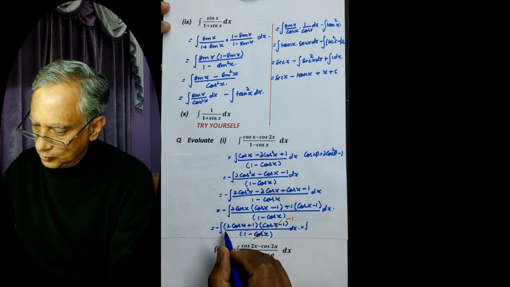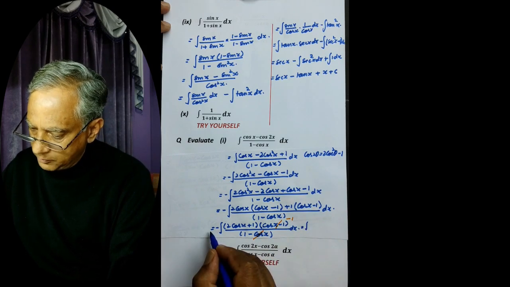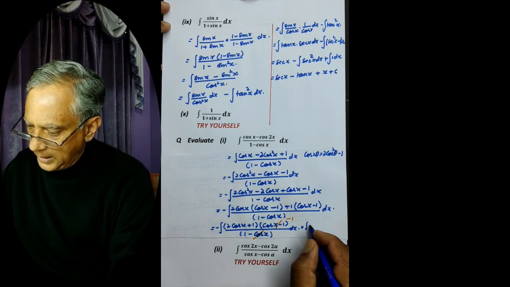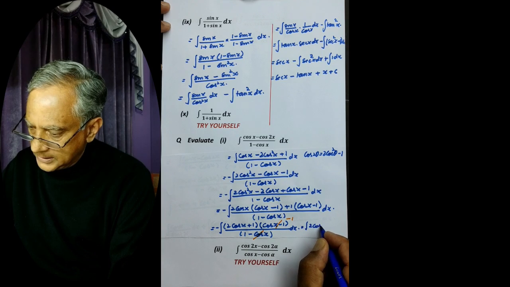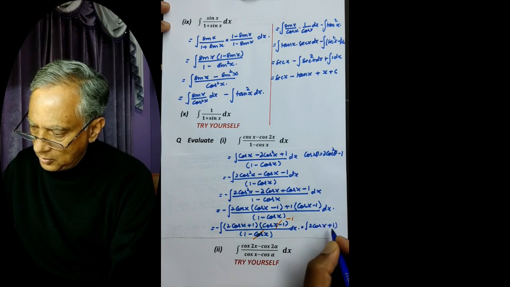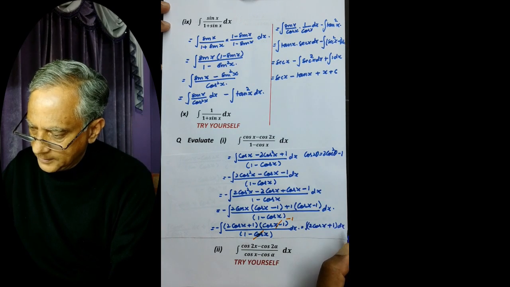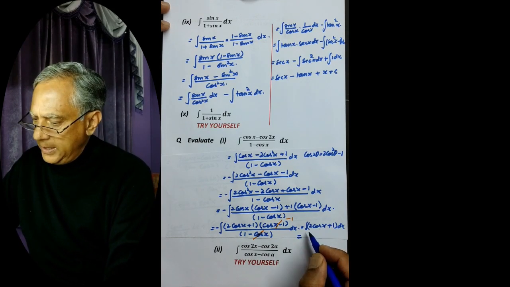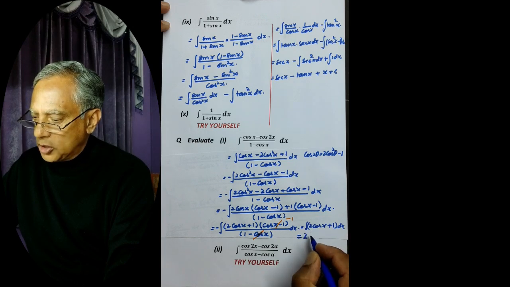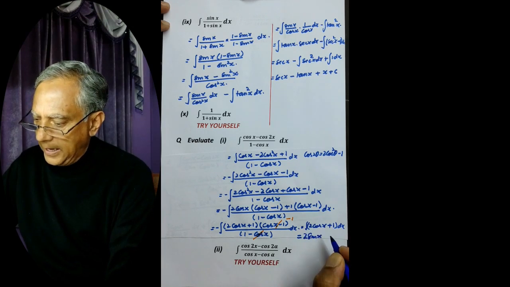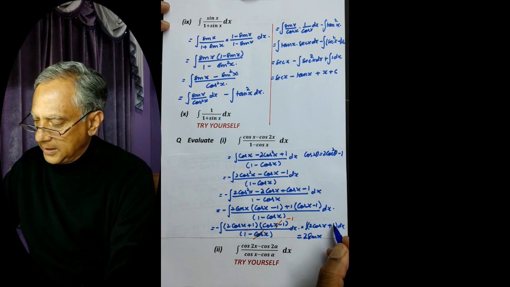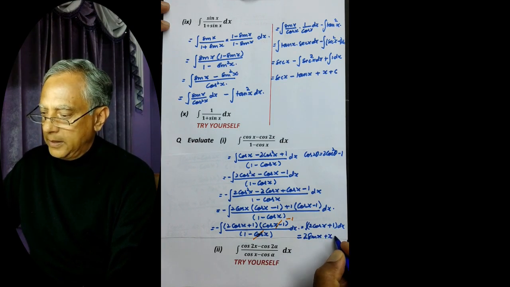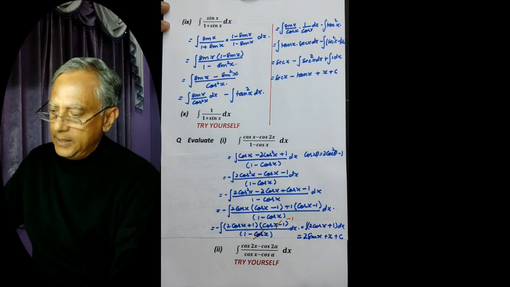Integral, minus is plus. This minus and this minus will be plus. So we will have 2 cos x plus 1 dx, and this is equal to, now 2 will be common and integration of cos is sin x and plus 1 dx, integration of 1 is x and plus constant of integration.